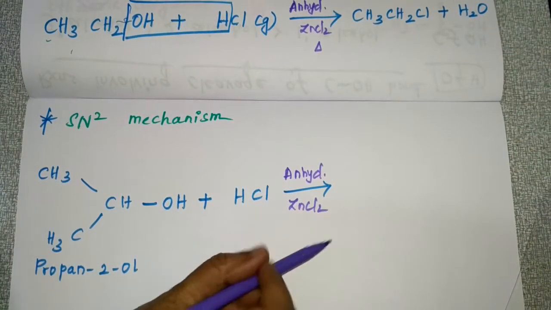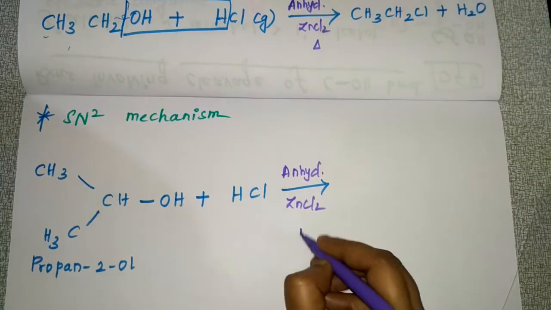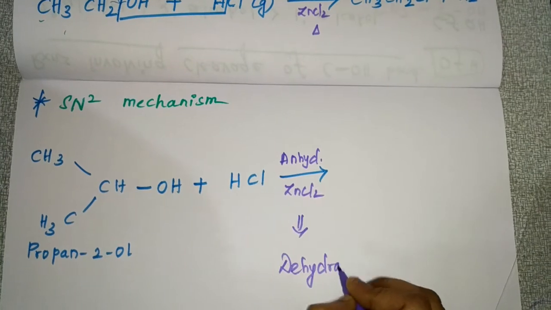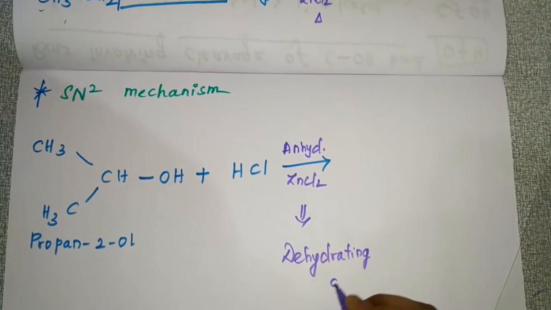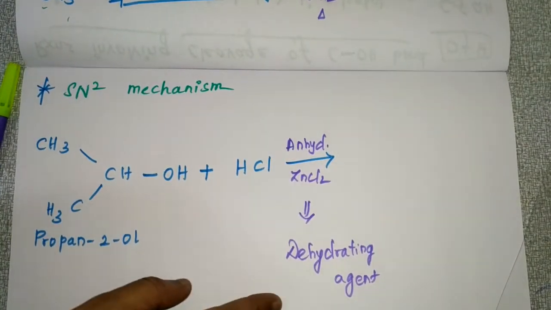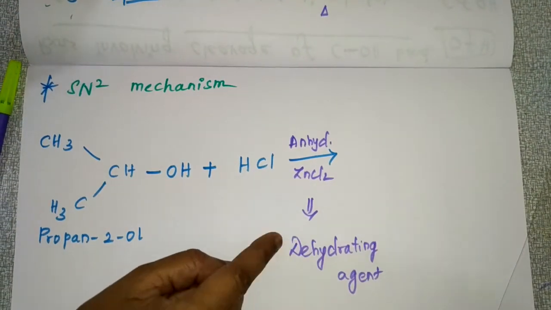Not only that, anhydrous zinc chloride is a dehydrating agent also. It acts not only as a catalyst, it is a dehydrating agent also.